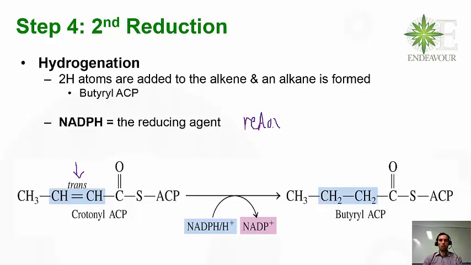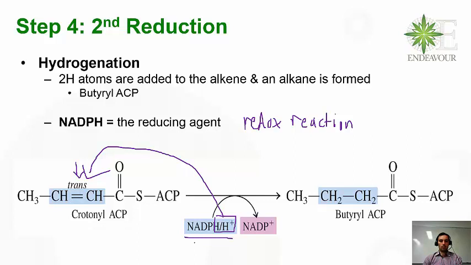So we know it's a redox reaction because we've got the coenzyme involved. And again, the coenzyme involved is our NADPH. So the hydrogens from the NADPH will be donated to the crotonyl ACP where we have this double bond.